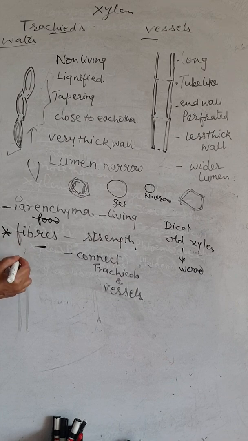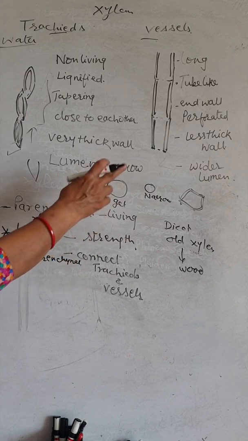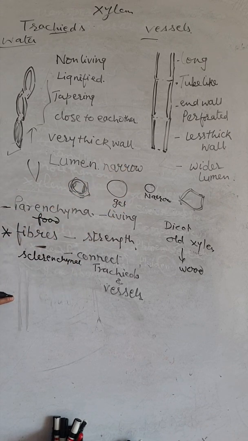They are made up of sclerenchymatous cells that we discussed in the simple tissue, supportive tissues, dead cells, sclerenchyma. They provide strength to the plant parts.